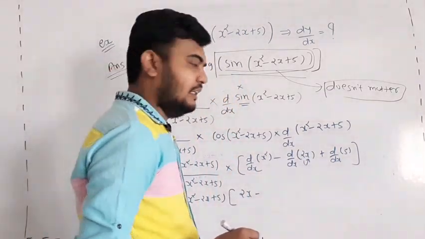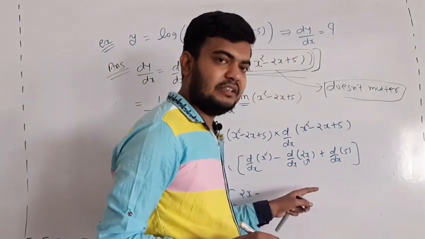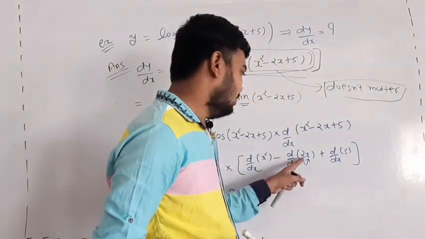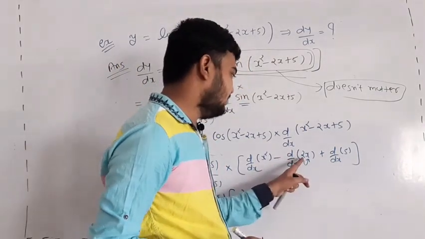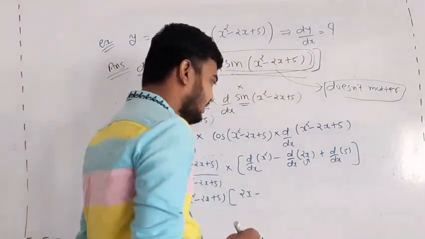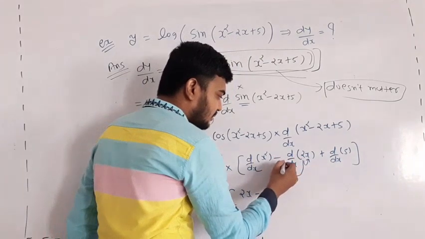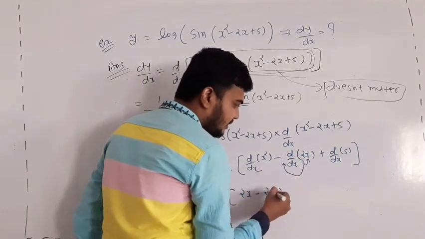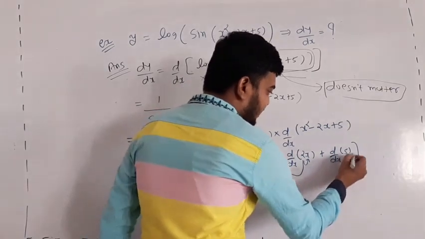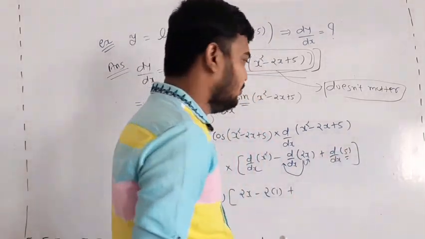So we know that if there is a constant multiplied with a function, then we take the constant number outside the derivative. So 2 comes here, so 2 d by dx of x is 1 plus, here it is the derivative of a constant number.